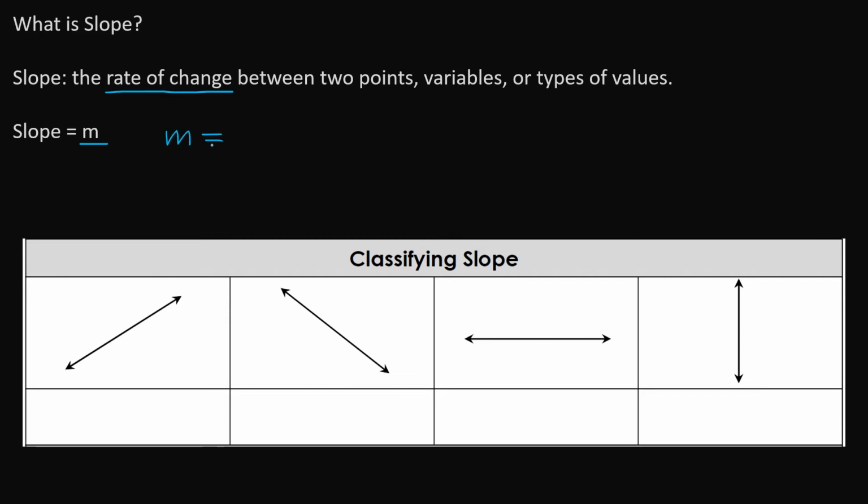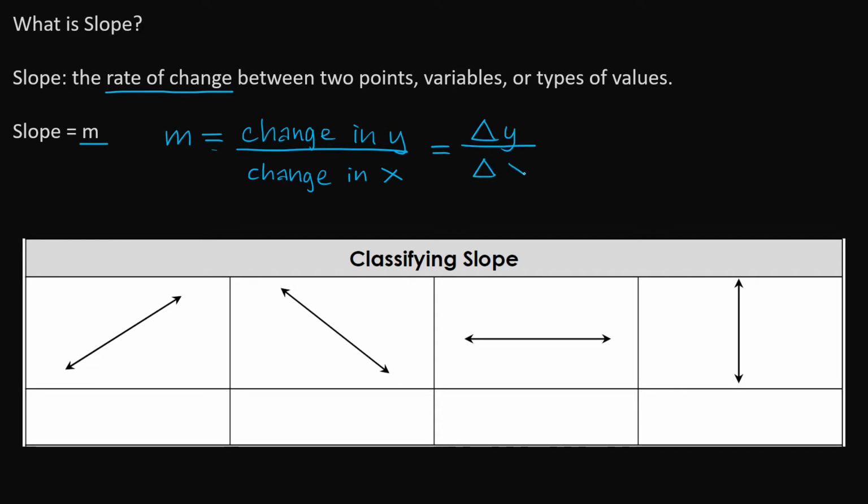We can call it, slope is the change in y over change in x. That's one way of thinking of it. Or the difference in y over the difference in x. We can also call it delta y over delta x.